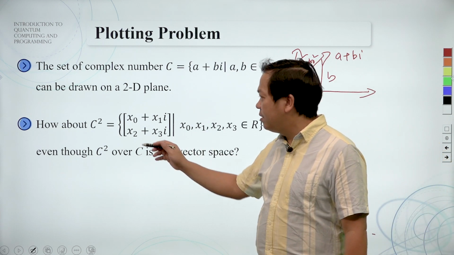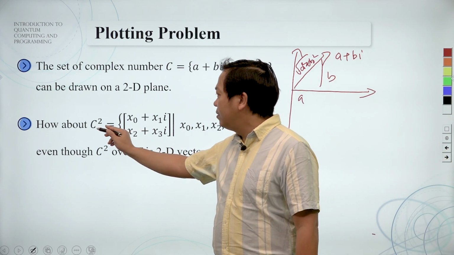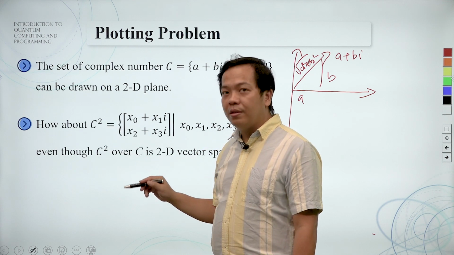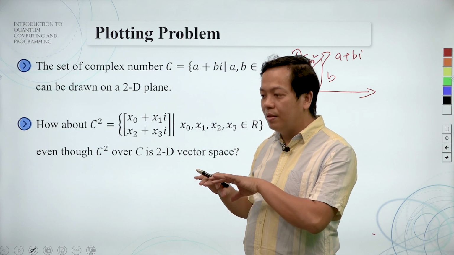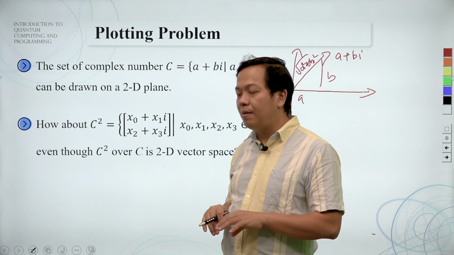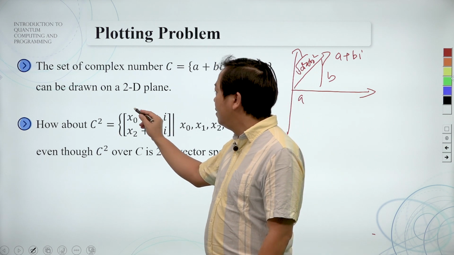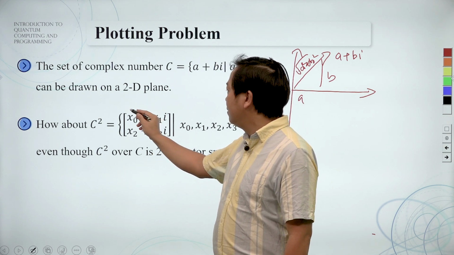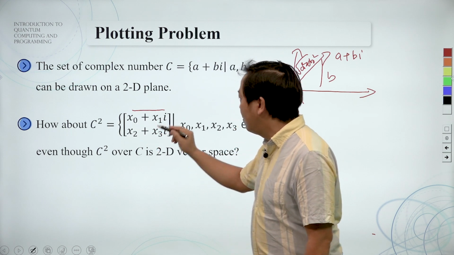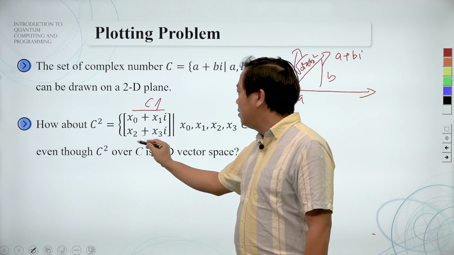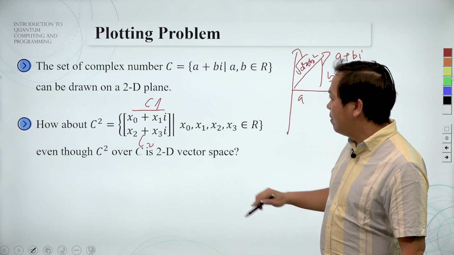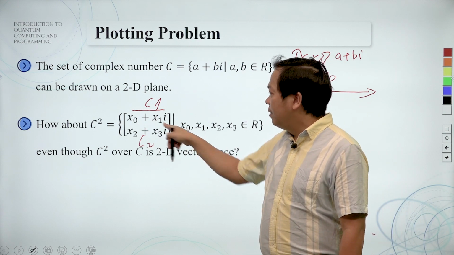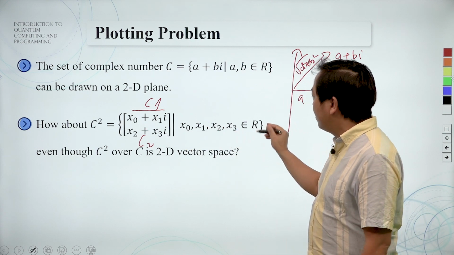If you see here, we have C squared. We expand the complex number to C squared, so we have 2 parts: this one is x1 and this one is c2, right? So this x1 value can become a real number.